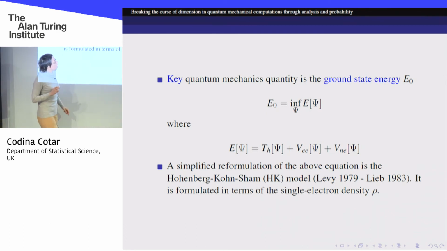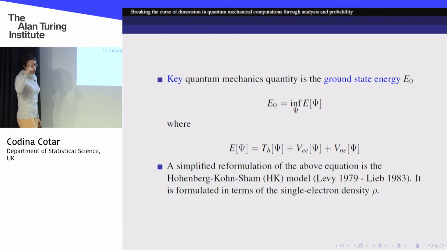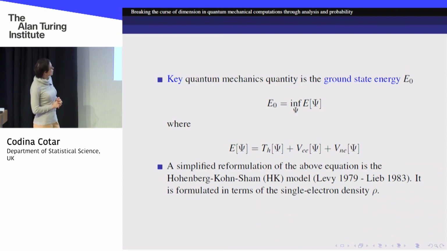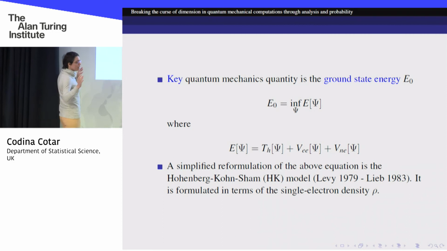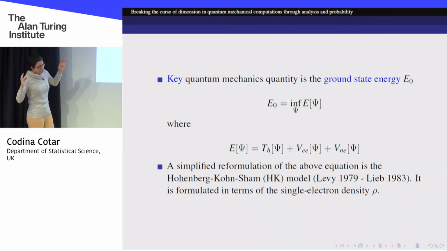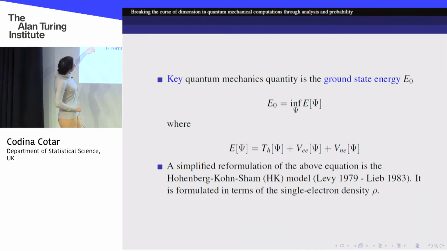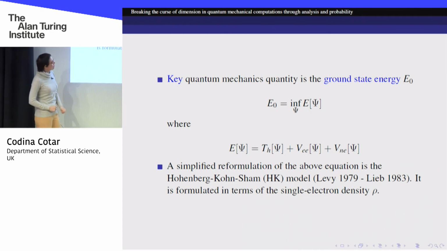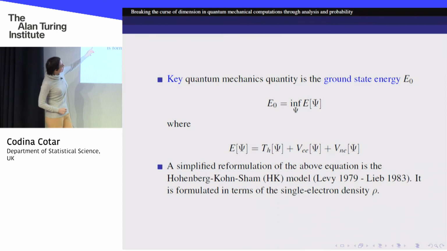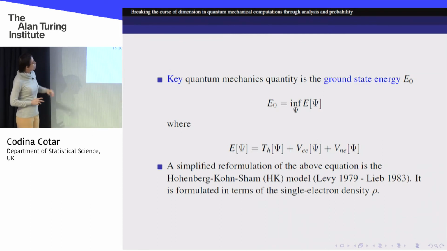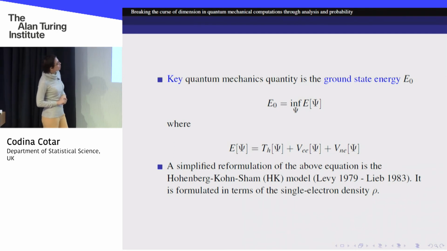T is kinetic energy, VEE is electron-electron interaction, and VNE is electron-nuclei interaction. Now, it's not a very pleasant-looking formula. It's quite ugly, so it's not on the slide. There is a simplified reformulation of this that was done at the end of the 70s, the Hohenberg-Kohn-Sham model.